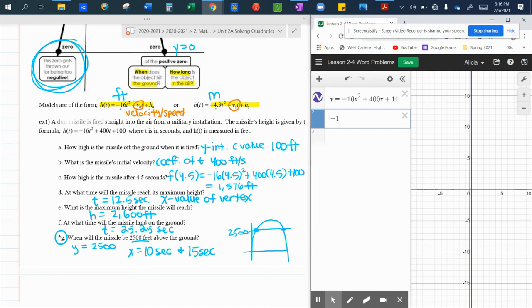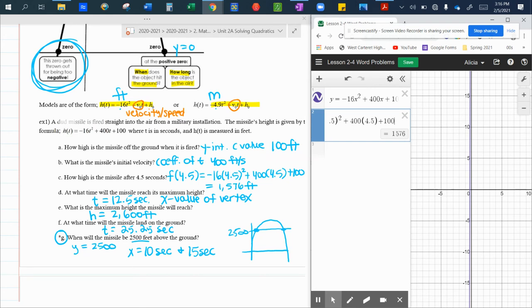So if I have negative 16 times 4.5 squared plus 400 times 4.5 plus 100, and we get our answer. So it was going to be a lot trickier to try and find the intersection on the graph than it was for us to just plug in x and solve for y.